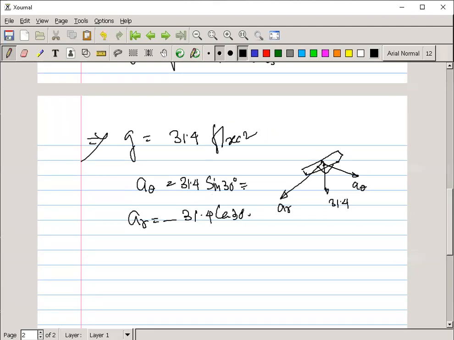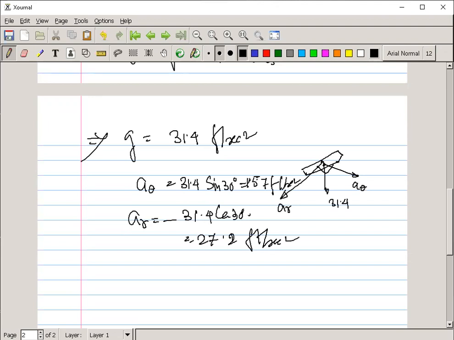So 31.4 sine 30, how much is it? 15.7 feet per second square. And minus 31.4 cos 30, how much is it? 27.2 approx.